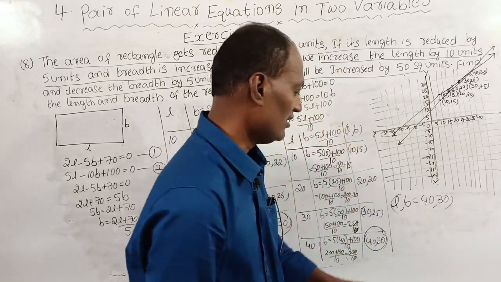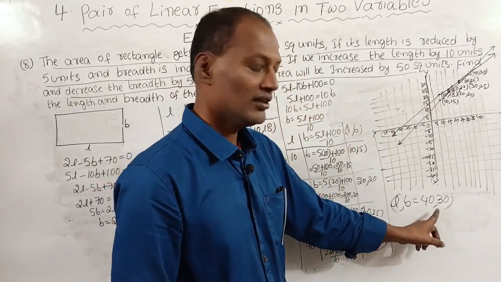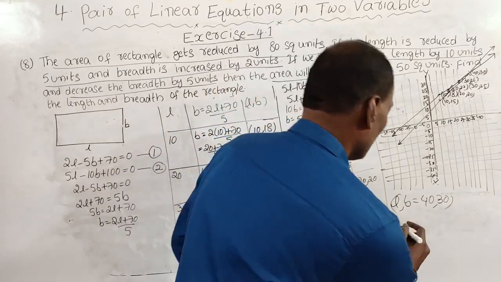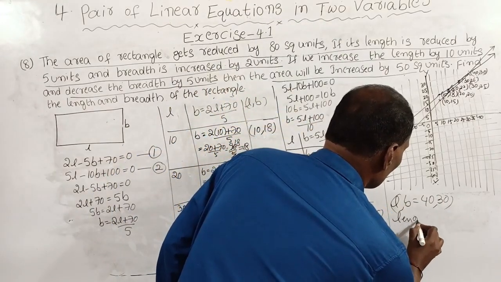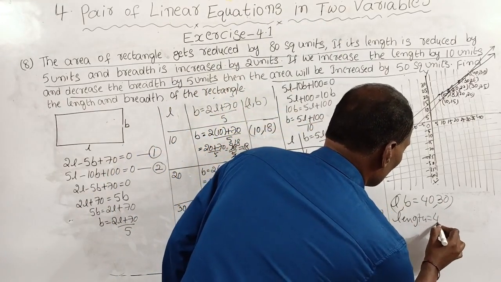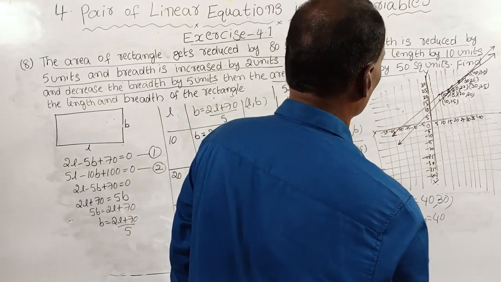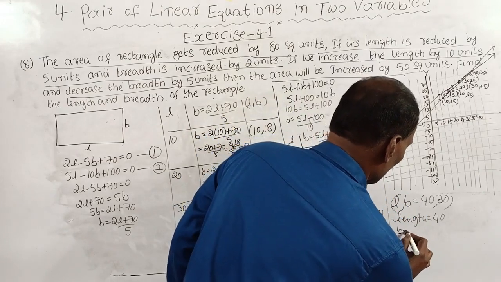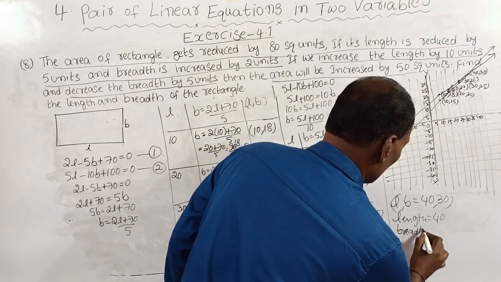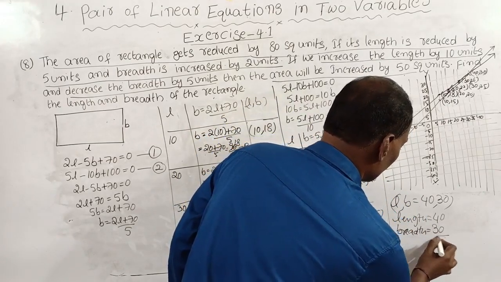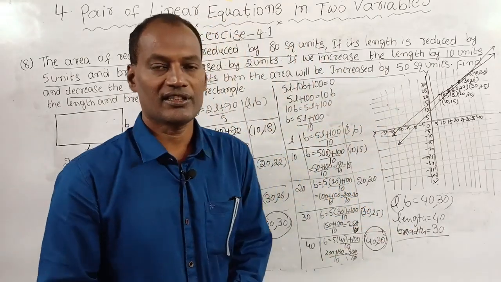That means length is 40, breadth is 30. Length 40 units, breadth 30. Like that we can calculate.